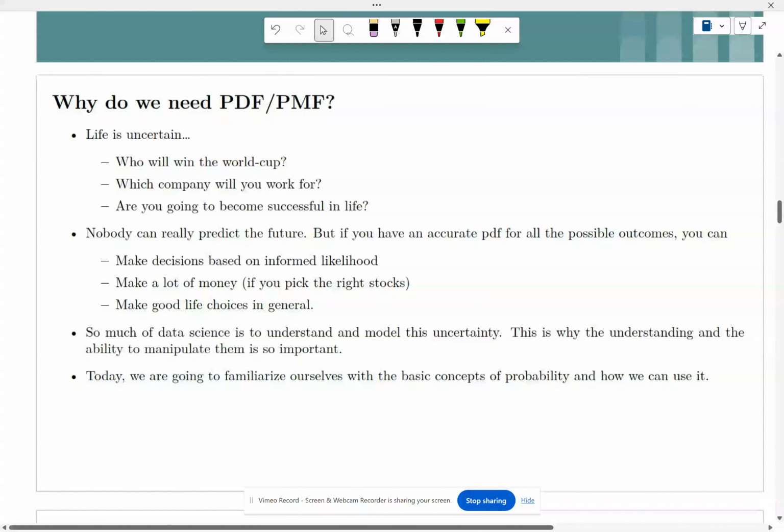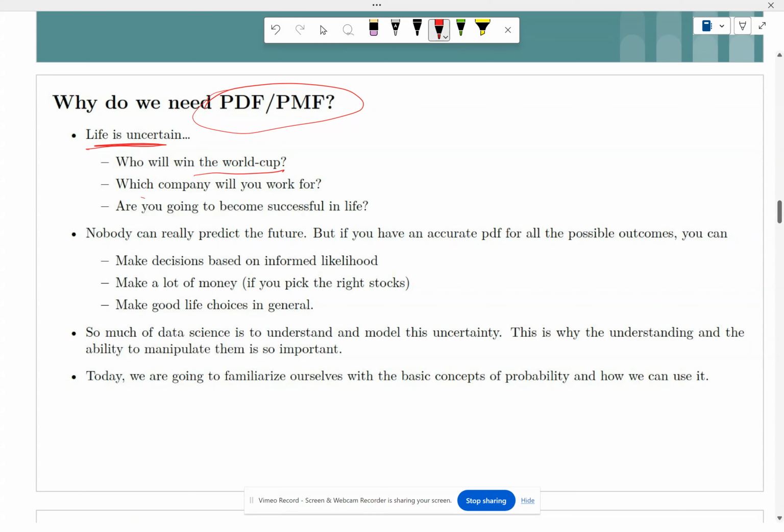Now, why would we really want this function? Well, life is uncertain. Who's going to win the World Cup? Which companies are you going to work for? Are you going to be successful in life? These are all questions that would be really helpful if we have a probability density or probability mass function.